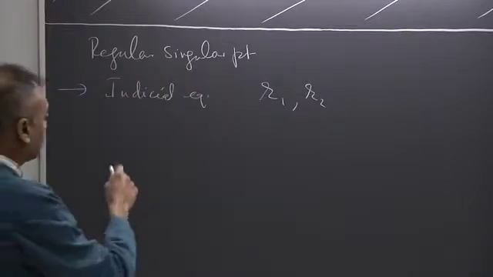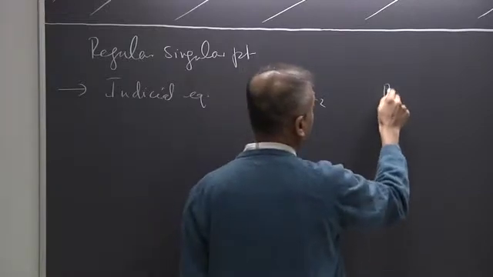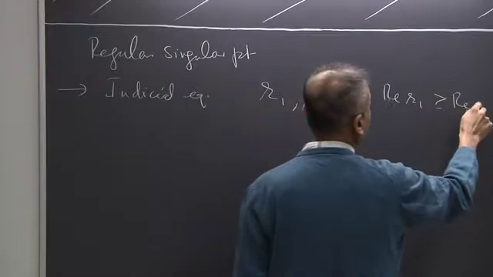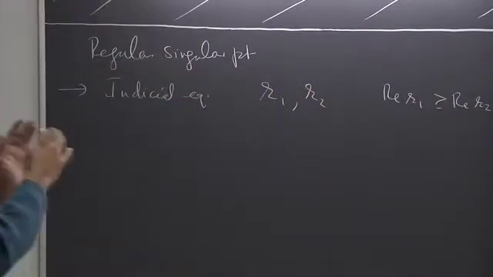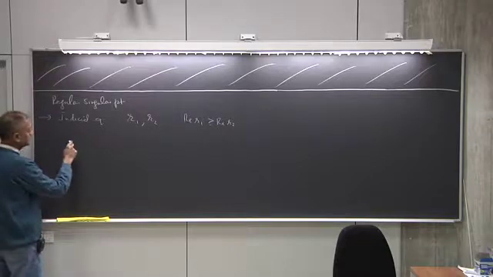Okay, and we'll always arrange it in such a way that the real part of R1 is greater than or equal to the real part of R2. So that is just giving it a name. Whichever real part is greater, I call that R1. And then we saw that there are 2 solutions.